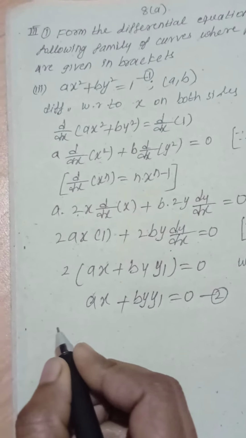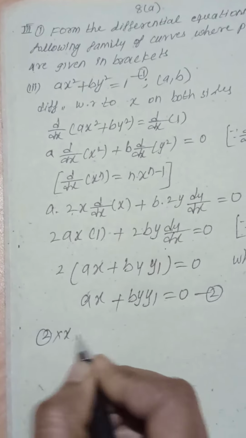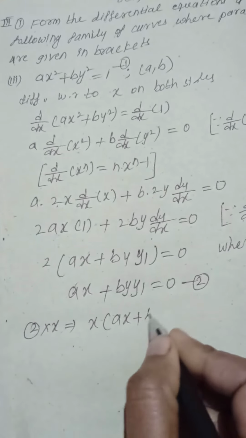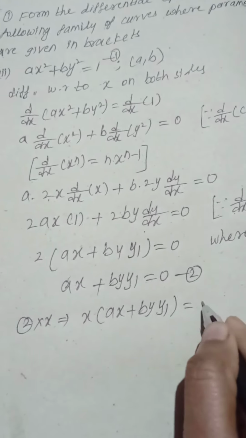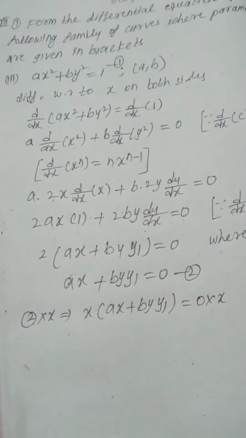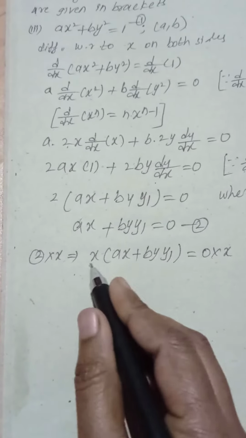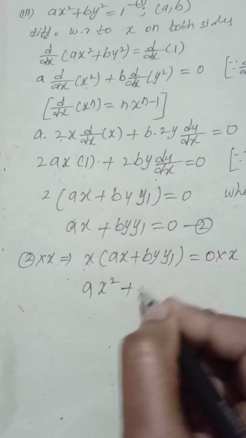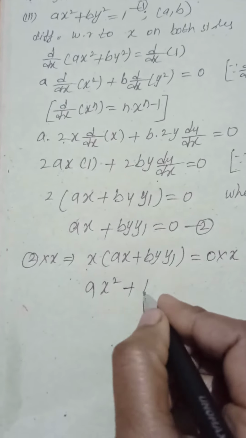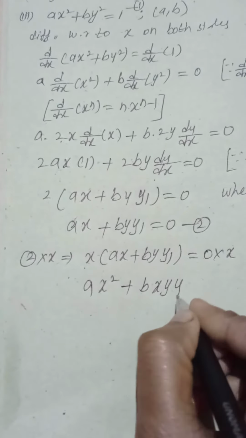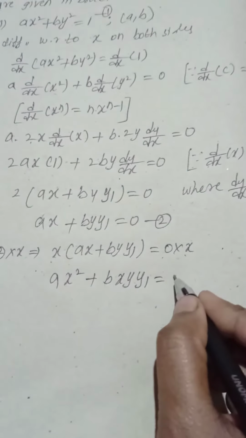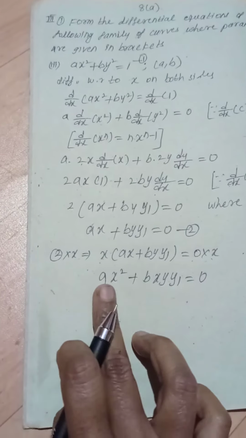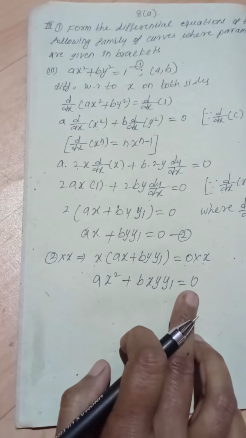So multiply equation 2 into x, that implies x into ax plus by y1 equal to 0 into x. So multiply x by each term: a into x square plus b into x into y1 equal to 0 into x, 0. So we get the second equation ax square plus bx y1 equal to 0.